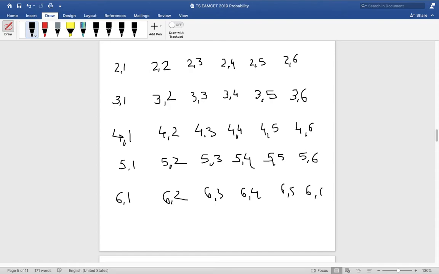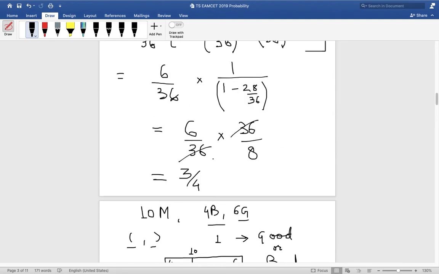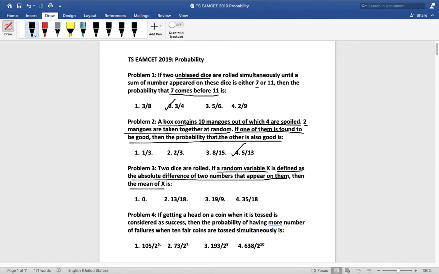So these are the 36 possibilities you can count. You will get 36 when you roll 2 dice. The problem says I have a random variable x which is defined as the absolute difference of the two numbers that appear on them.